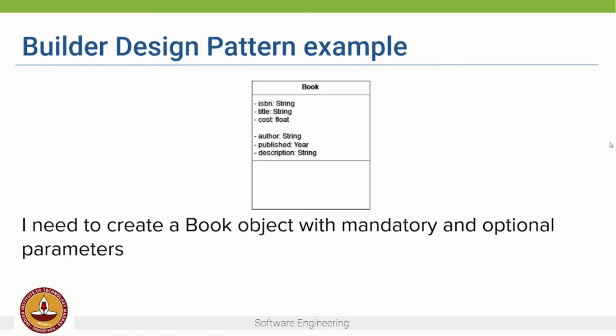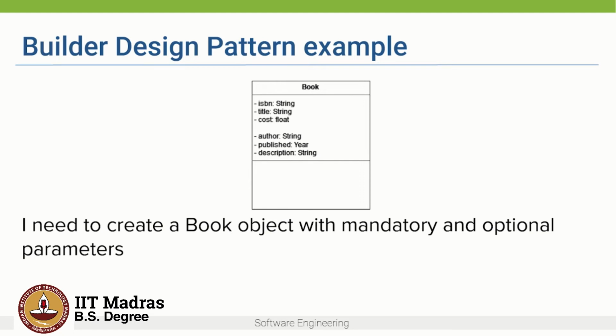So in this case, let's say that ISBN, title and cost are mandatory, whereas author, published and description are optional fields, right? So in order to create such book objects, I need to call different types of constructors, right?